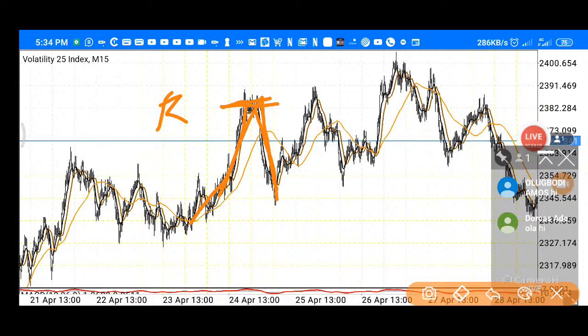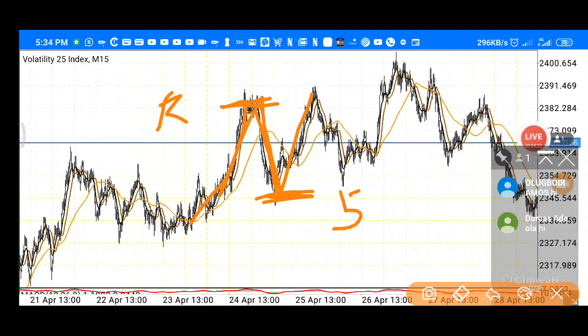And the point where a bearish market returns to an uptrend, which is also a bullish market, this point, I'm talking about this point, is called a support.